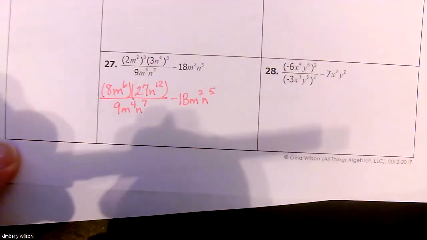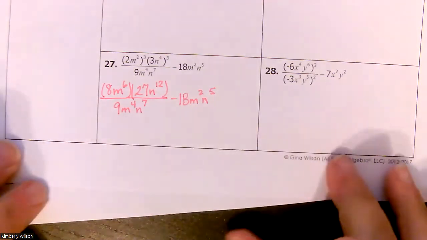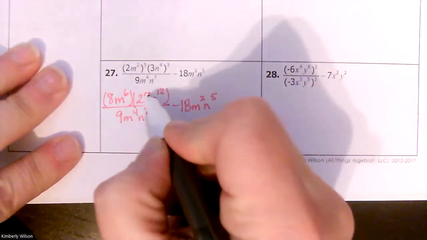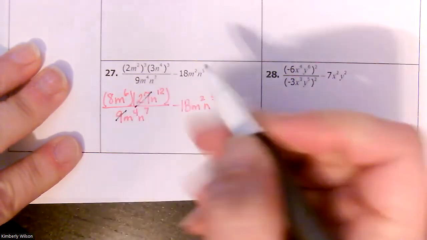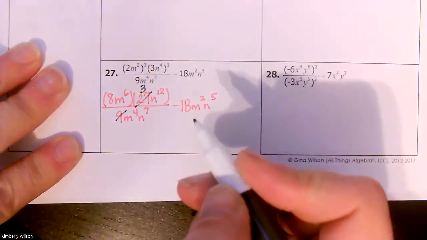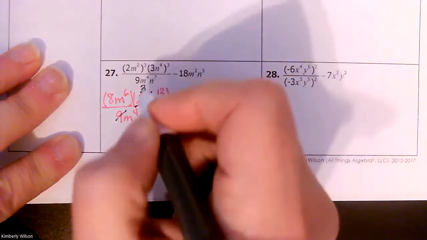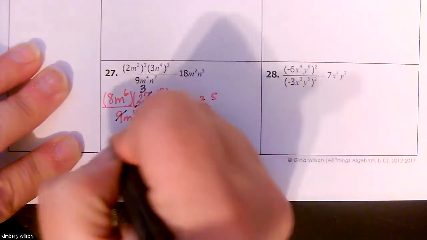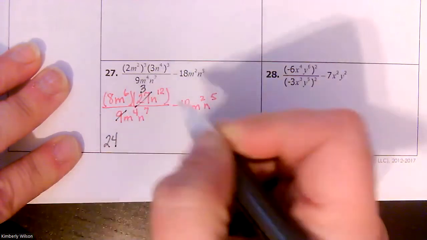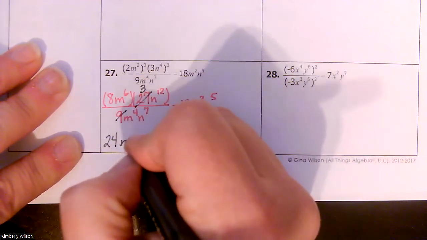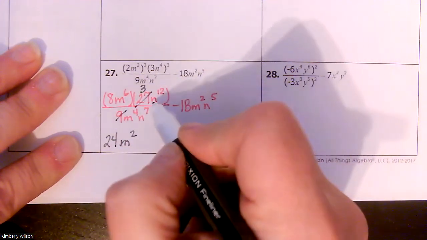Next step, got to keep doing this stuff. I'm going to kind of change here. Oh, look, the 9 and the 27, those can cancel, and this becomes a 3. And then I can do the quotient rule. So I'm going to have 8 times 3, which is 24. Now I'm doing 6 minus 4, so this is going to become m squared.